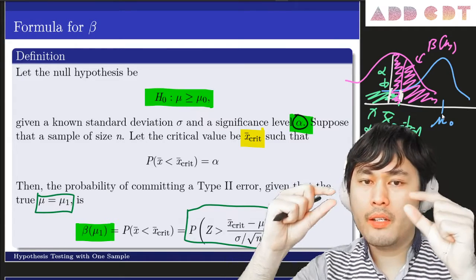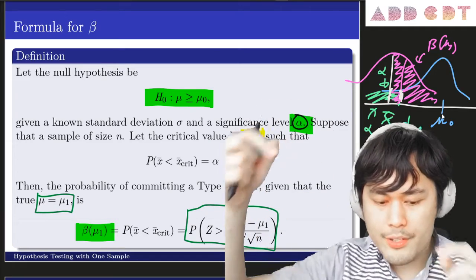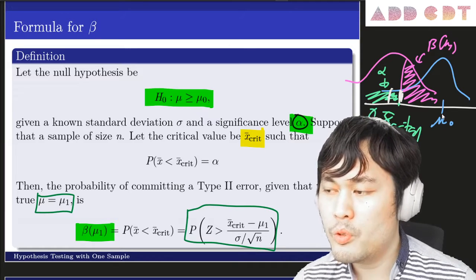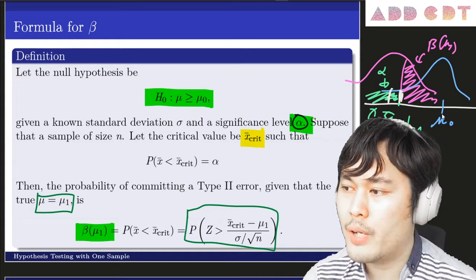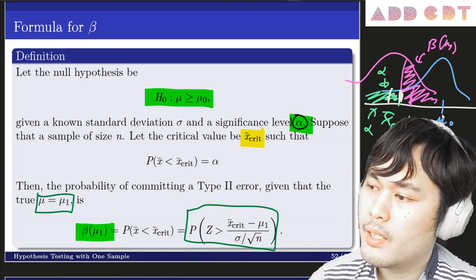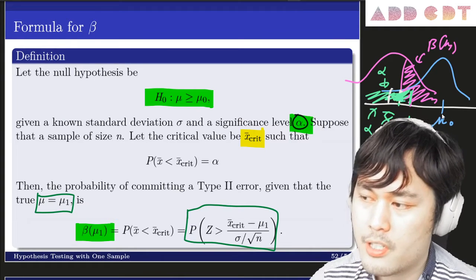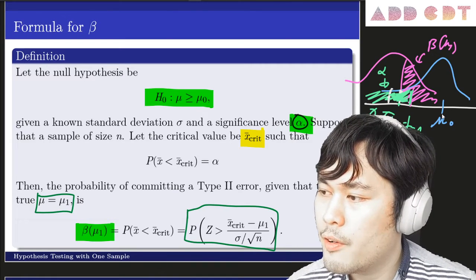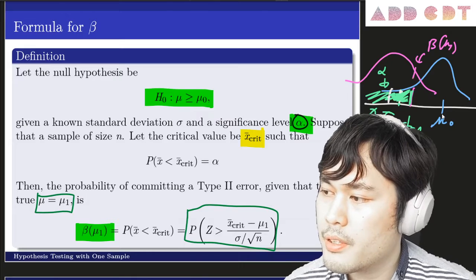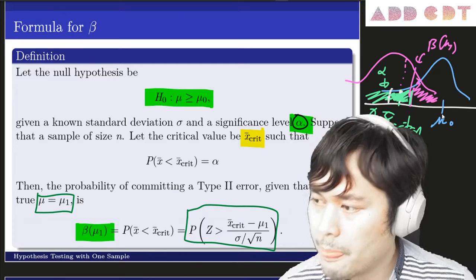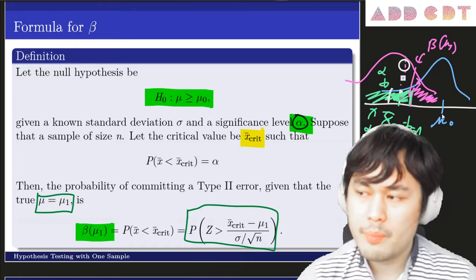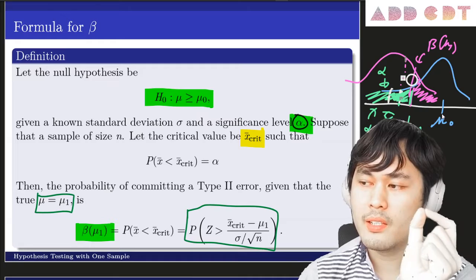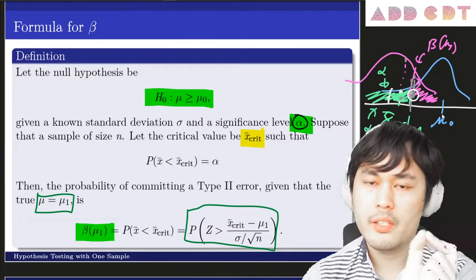Likewise, if you move the critical part to get a larger alpha, then the area for beta gets smaller. We used to have the area starting from this point, but now, since we moved the critical part, the area of beta is smaller.